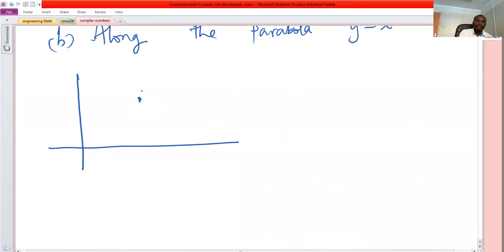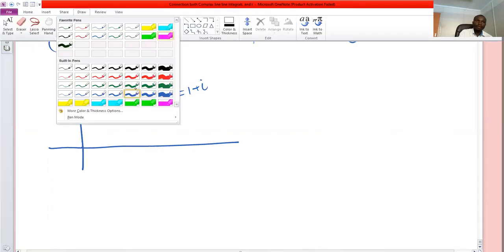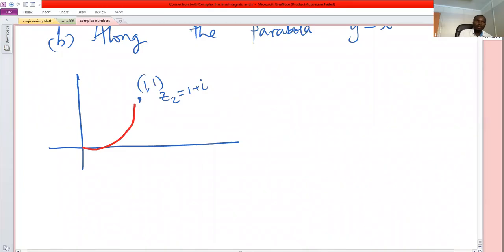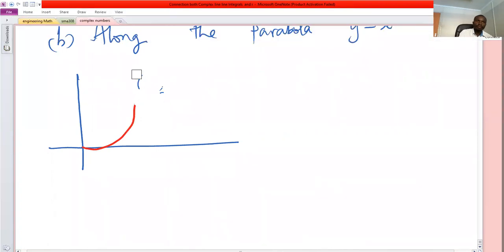So this is the point 1, 1, or the point z2, which is 1 plus I. And if you draw a parabola, this is how it looks like.